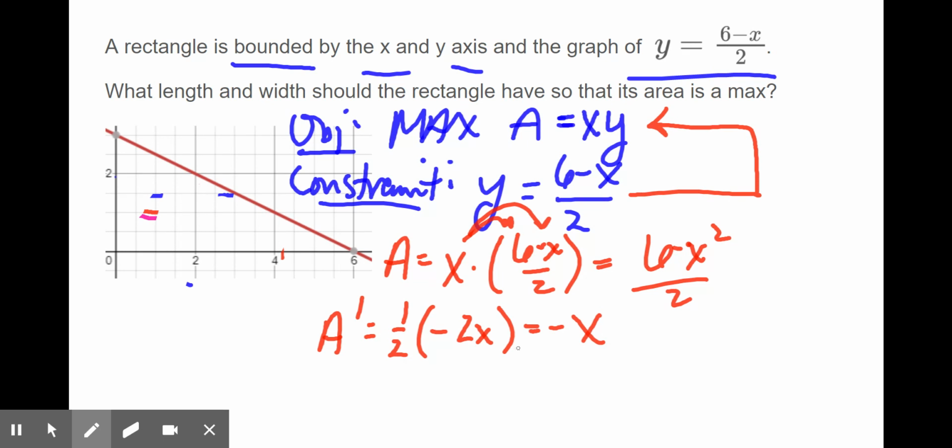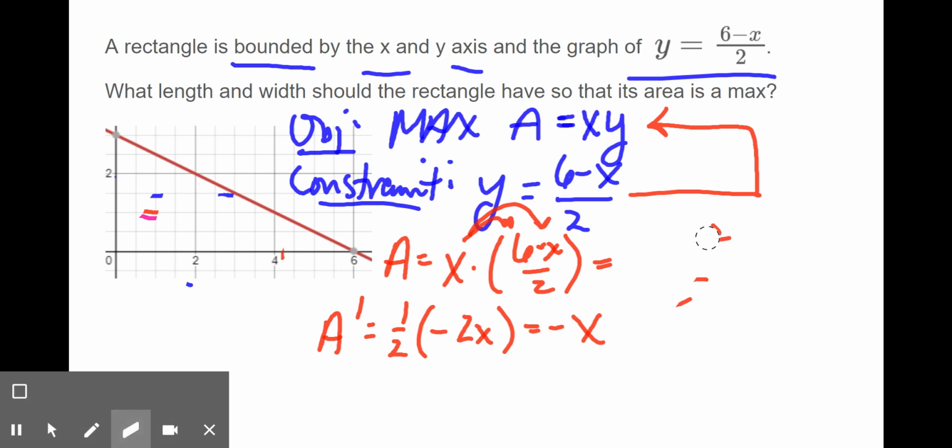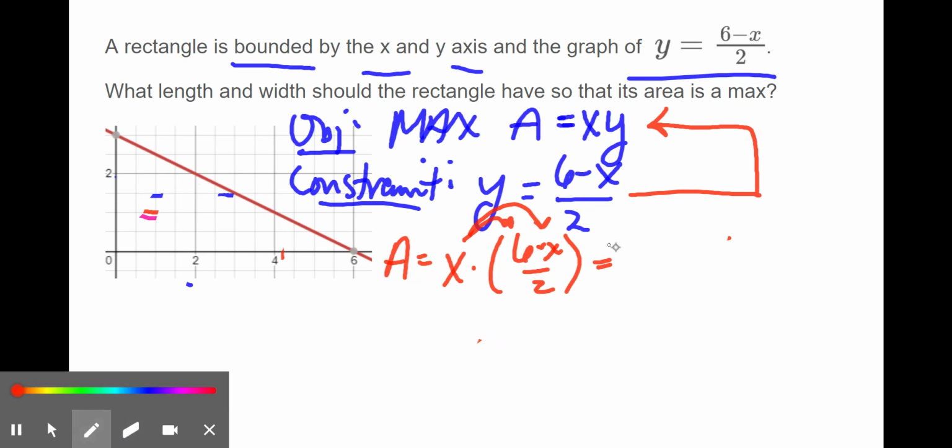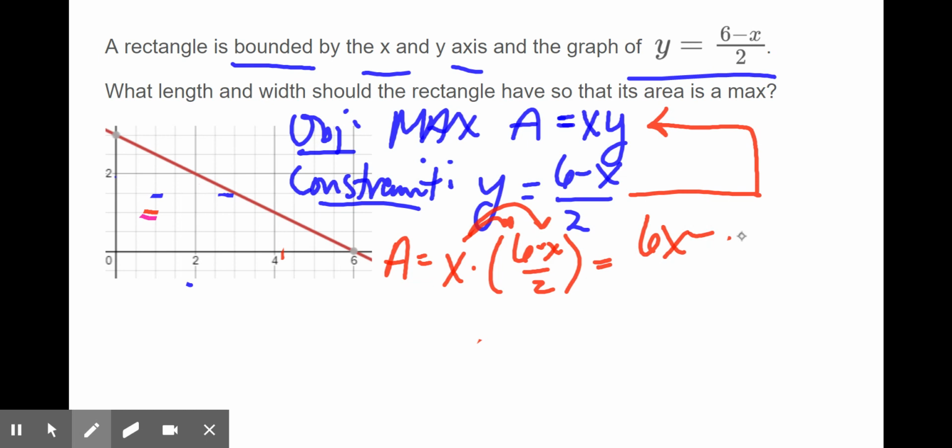Oh, no, I'm sorry. Sorry, folks, I forgot. You guys are probably yelling at me that I'm missing the x. Let me go back here one more time real quick and write it over so that people can see it. Distribute the x, you get 6x minus x squared over 2.